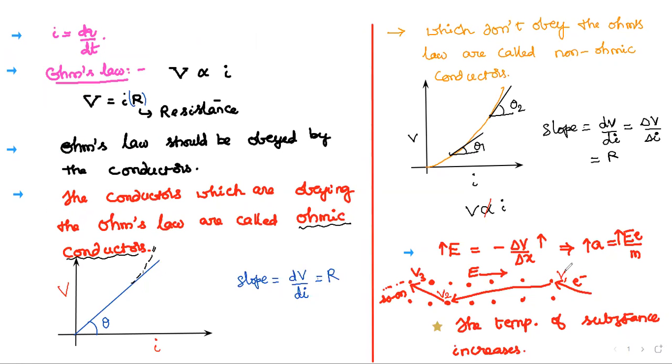So in such a case, to find the velocity at an instant, we already know the acceleration, eE by m, on the electron, in the direction opposite to the electric field. To find V, either you must know the distance traveled between two successive collisions or the time taken between two successive collisions.